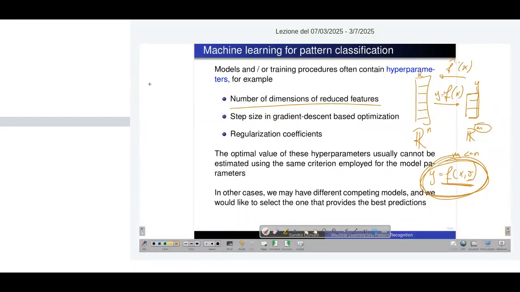What does it mean? It means that we will have large dimensional data, a function that maps it to small dimensional data. Then we will figure out a way to rebuild as much as possible the original vector, and then we will try to minimize the difference between the original input and the reconstruction that we make from the small vector. Now, what is a hyperparameter?